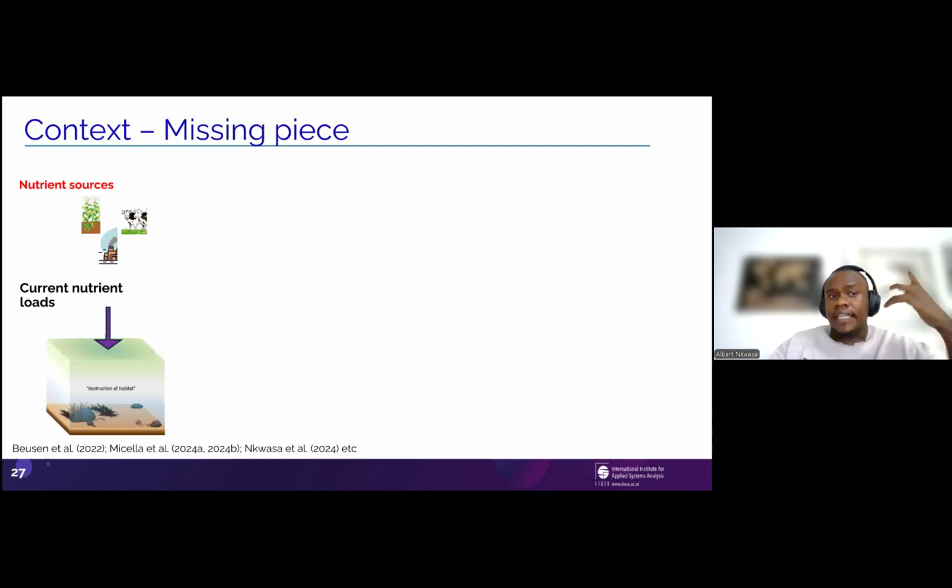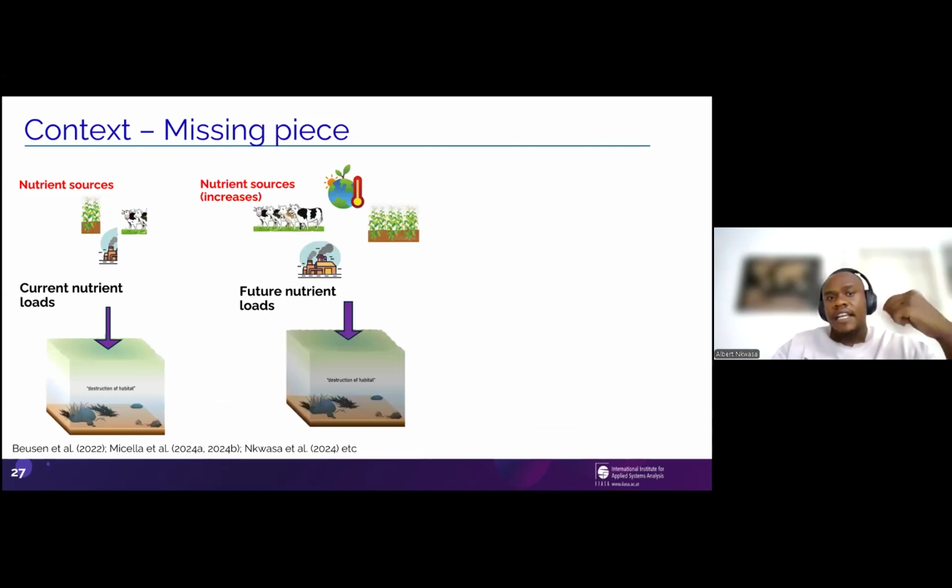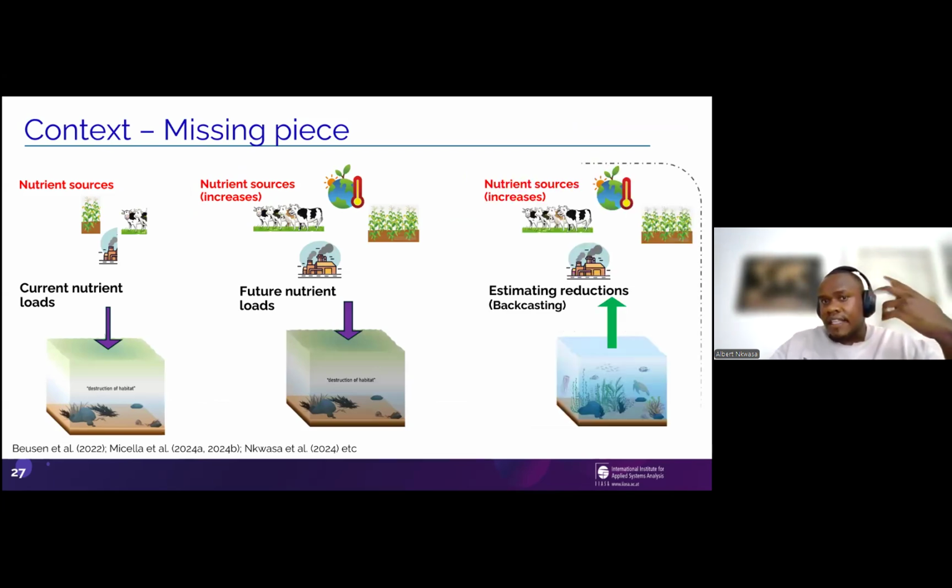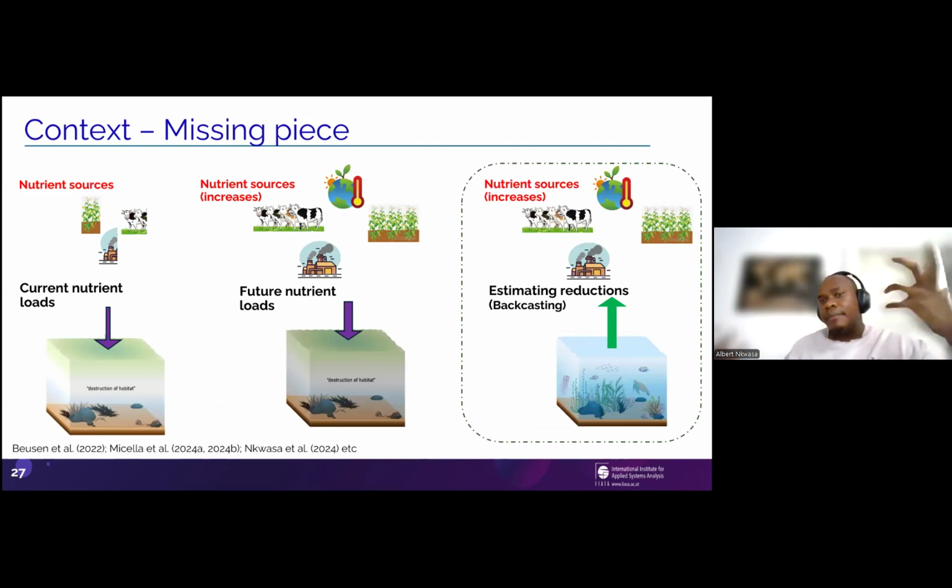When you look at the literature, there are studies that look at current nutrient loads, and studies that look at future nutrient loads, but there are virtually zero studies that look at backcasting procedures, which estimate reductions needed to limit coastal eutrophication. This is the novelty that we bring in here. So we try to estimate how much reduction we need to avoid coastal eutrophication globally for these 24 large rivers.